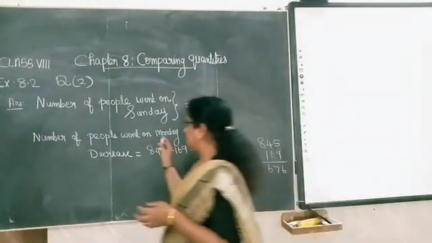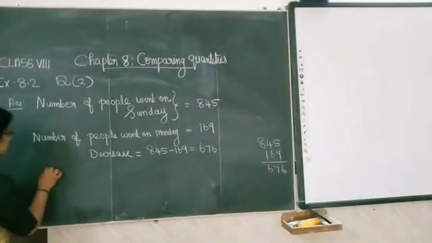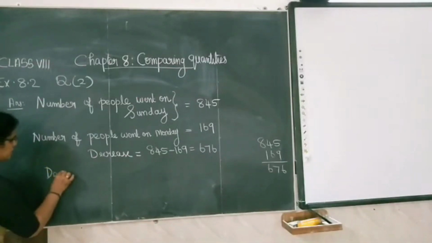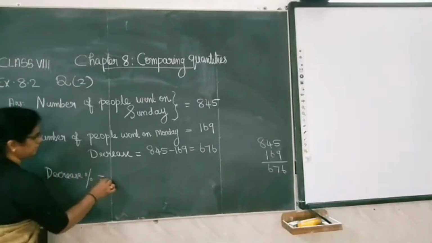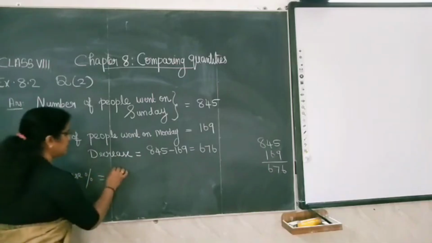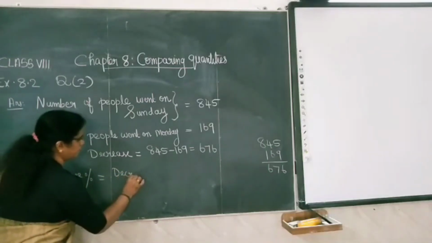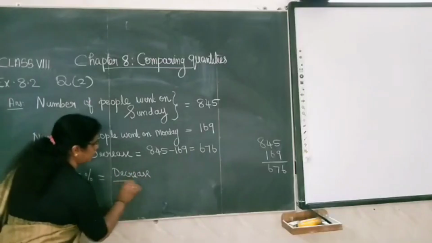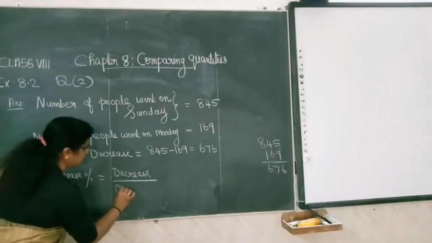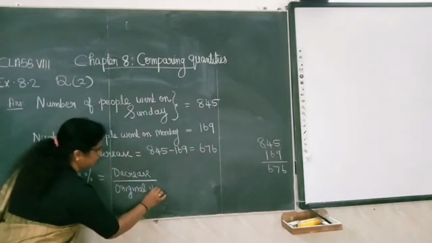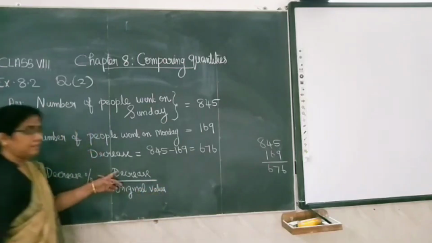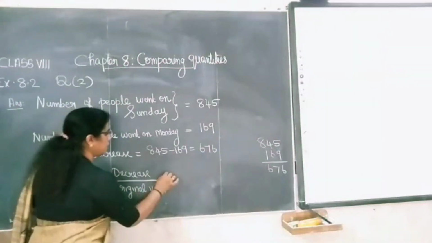So apply the equation, that is decrease percentage. Decrease percentage is equal to decrease by original value. Decrease divided by original value. Then that answer multiplied by 100.